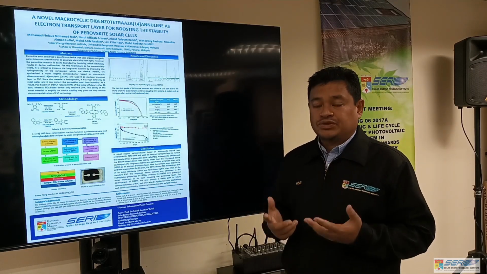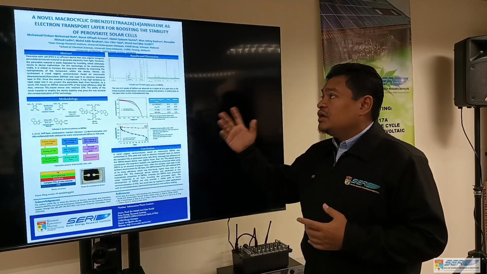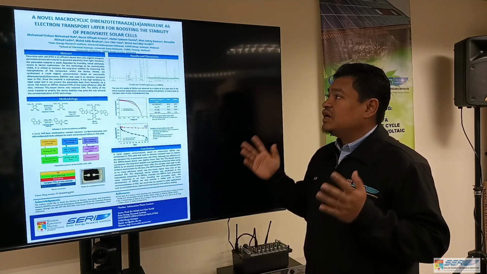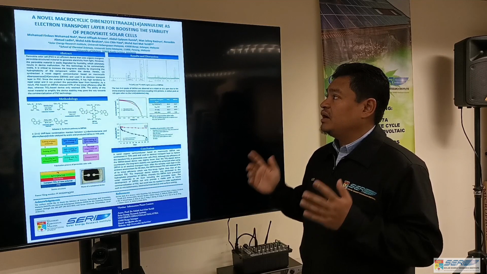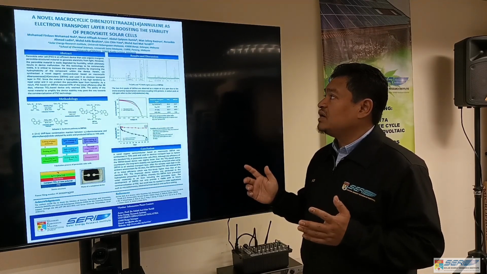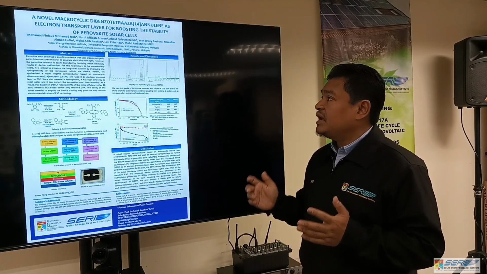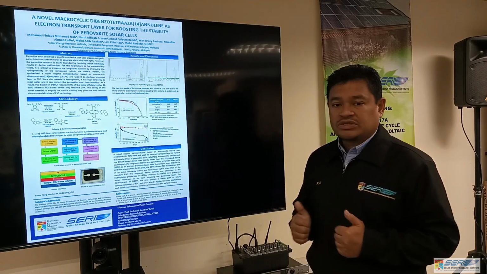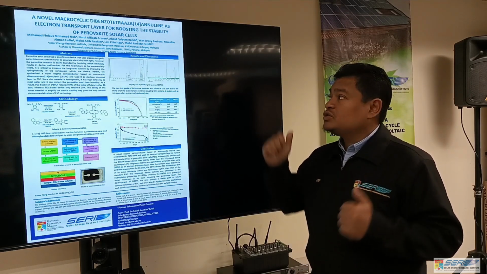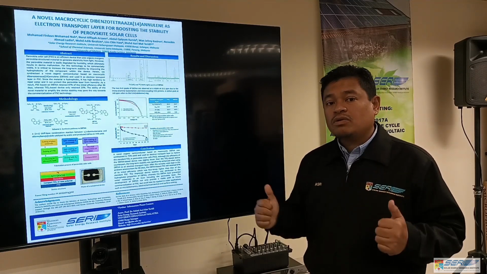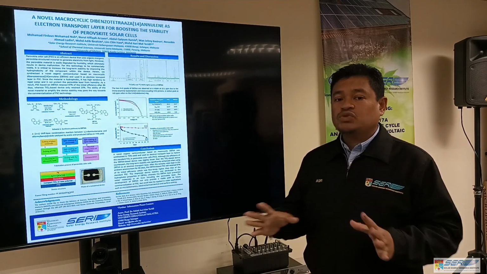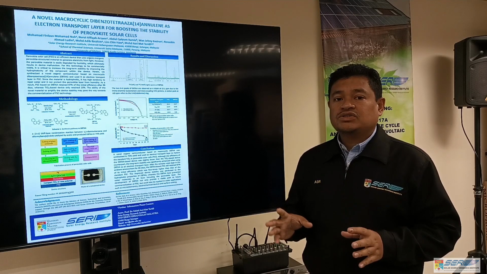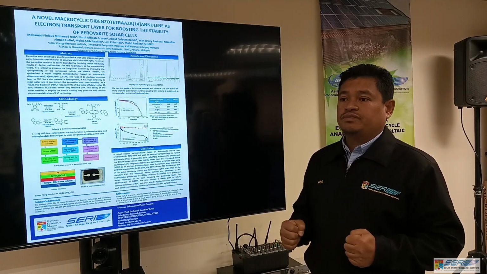to generate electricity. Our topic is a novel microcyclic dibenzotetraaza annulene as an electron transport layer for boosting the stability of perovskite solar cells. Why did we choose this topic? We know one of the main issues for the perovskite solar cell is stability.